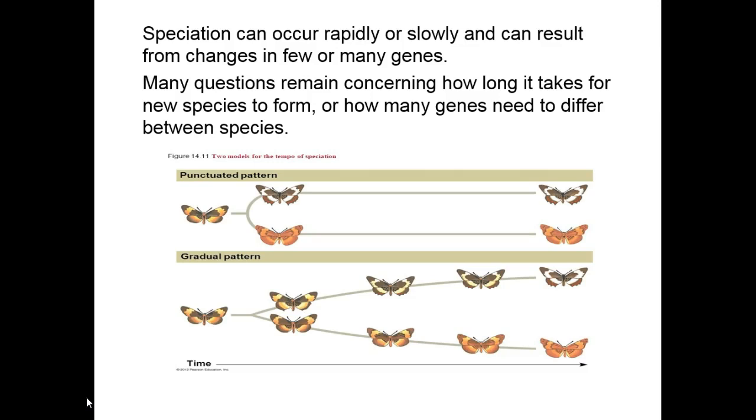With the punctuated pattern, the thought is that some major event happens, maybe a bottleneck effect or a founder effect, where a whole new species is fast-tracked into existence. So something happens in the punctuated. In the gradual, it's just over time the species is adapting to the environment.